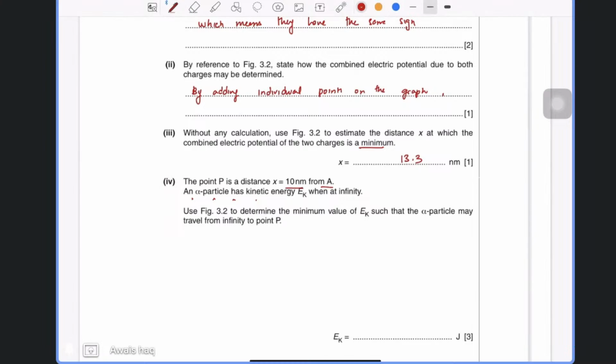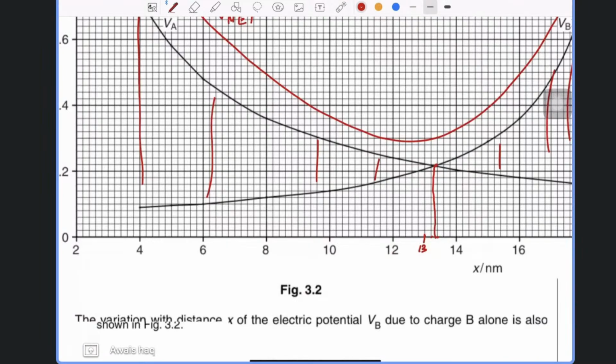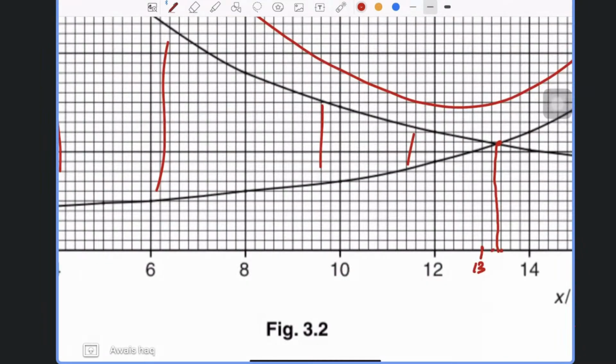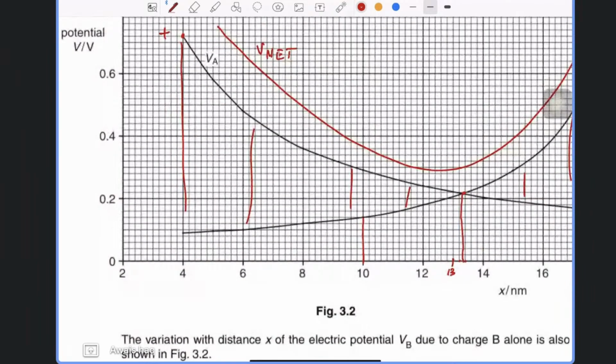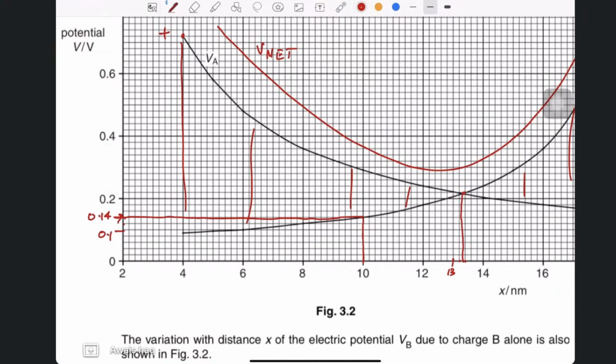Anyway, what we need to do is go to x equals 10. If you notice at x equals 10, the combined potential: this one is 0.1, 0.2, 0.14. You guys agree? 0.14. Yes.